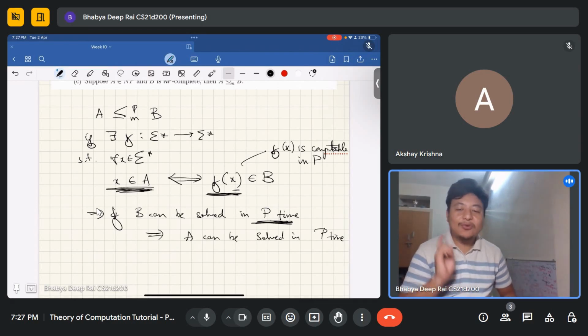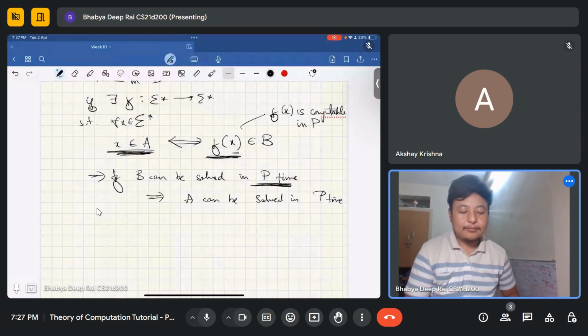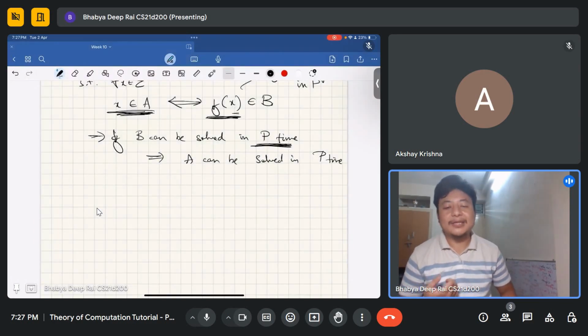So this has been the go-to approach to resolve the P versus NP conjecture.